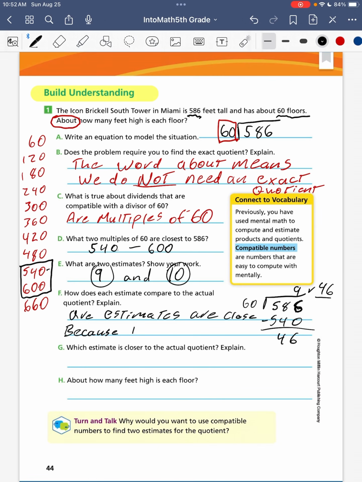Which one is actually closer, 9 or 10? Well, we'll say 10 because 46 is closer to 60. And so we need a whole number to round up to. 10 is closer because of the remainder.